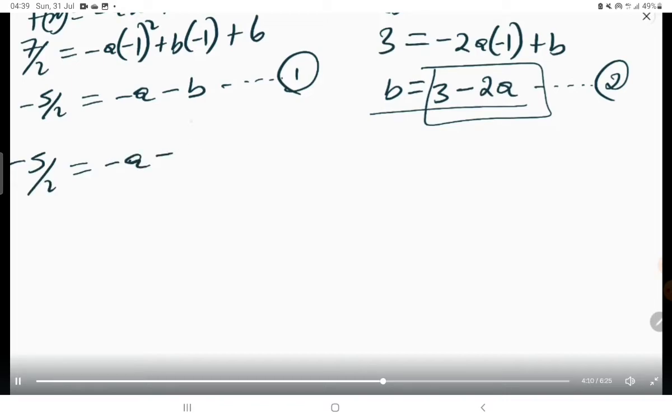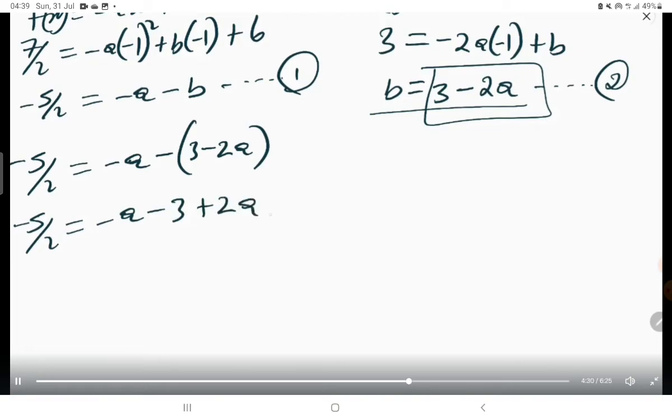Then in the place of b, we put 3 minus 2a, because this is our b and this is our b. If we do the distribution, we get negative a, then negative 3, then plus 2a, because a negative times a negative gives us a positive number.